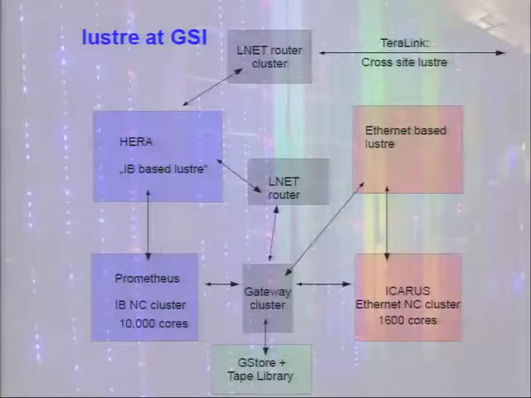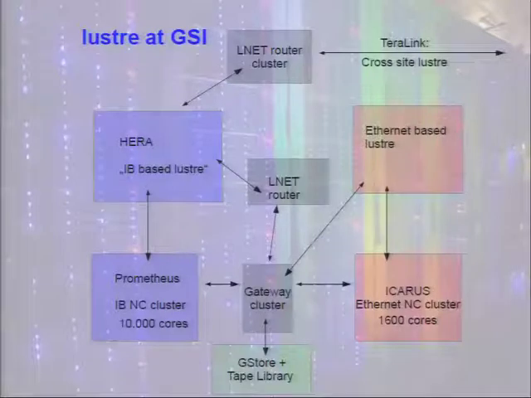A special point I want to show you: there is an LNet router cluster which goes to TerraLink. TerraLink is a new experimental project which we have at GSI, and I will show you what is already in production. TerraLink will connect supercomputers and computing infrastructure less than 200 kilometers away from GSI, and universities which are contributing to FAIR.